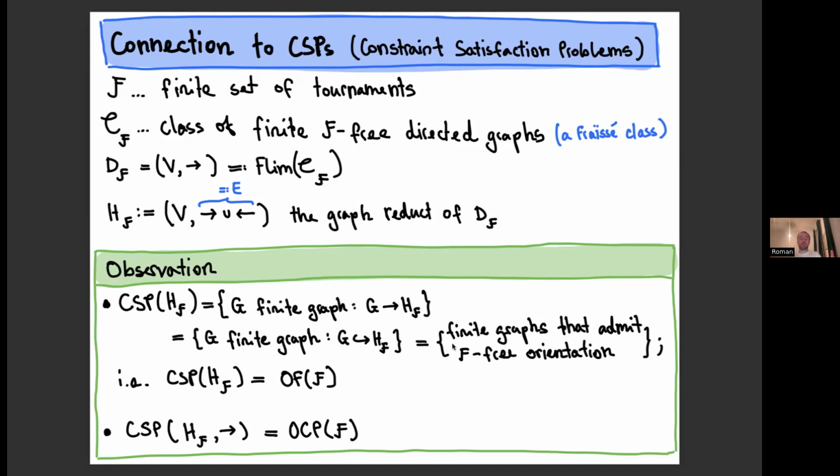So for example, if we're given as input for the orientation completion problem a graph and a partial embedding which doesn't enforce any orientations whatsoever, then we just encode this as the graph together with an empty set of oriented edges.